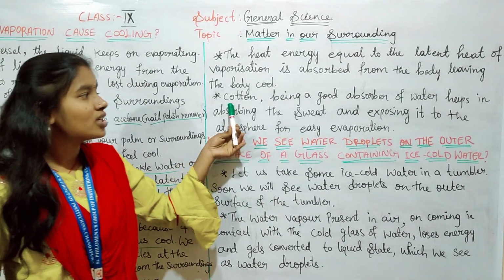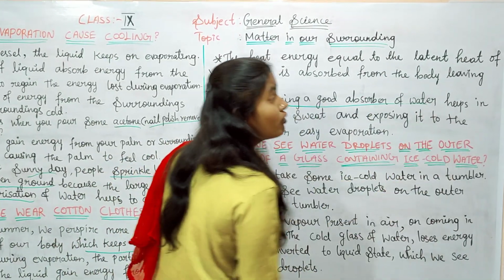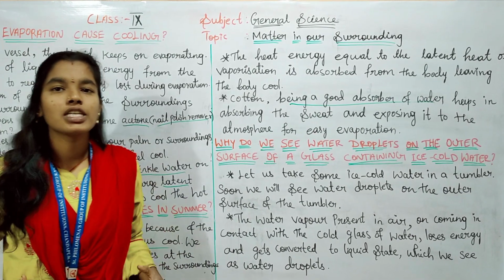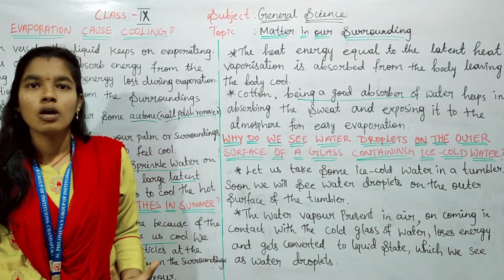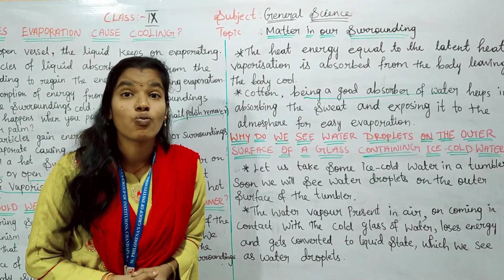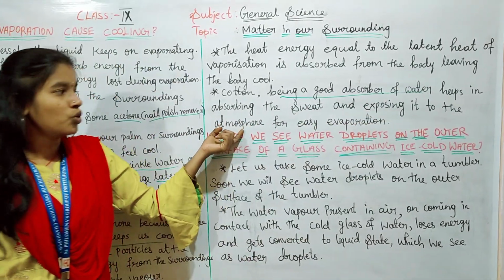Cotton, being a good absorber of water, helps in absorbing the sweat. Whenever we are sweating, the water is coming out through the pores of the skin. Cotton is a good absorber of water, so it will absorb that water and expose it to the atmosphere for evaporation.